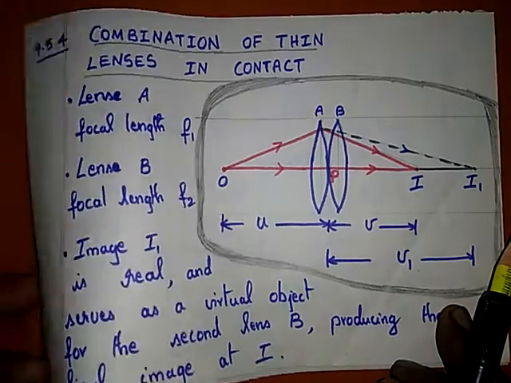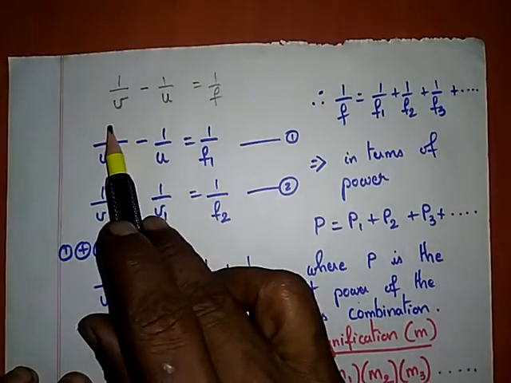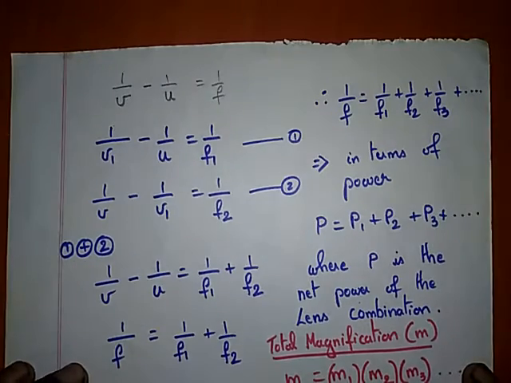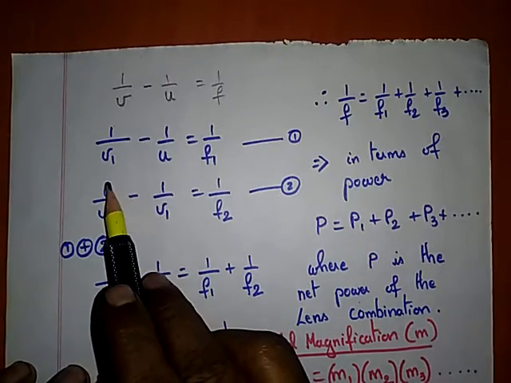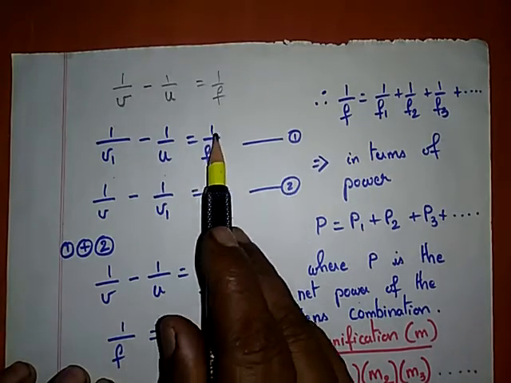Okay. Now we have the lens formula. So what is lens formula? 1 by V minus 1 by U is equal to 1 by F. So if you consider the first case, 1 by V1 minus 1 by U is equal to 1 by F1.